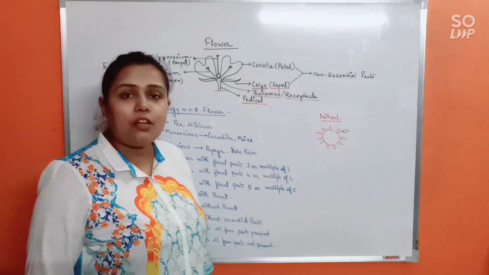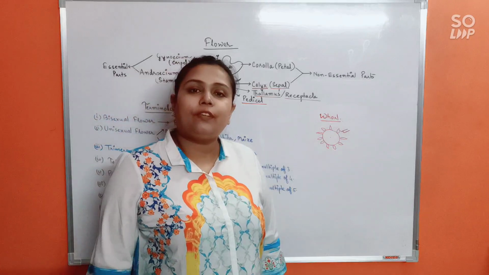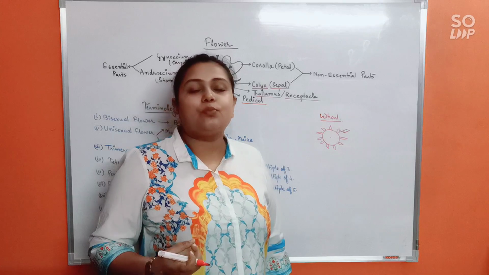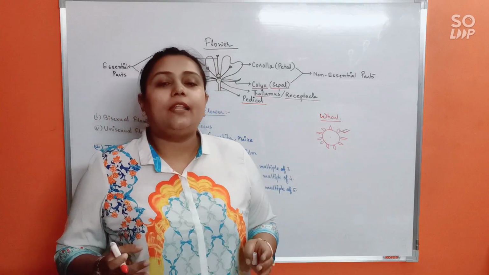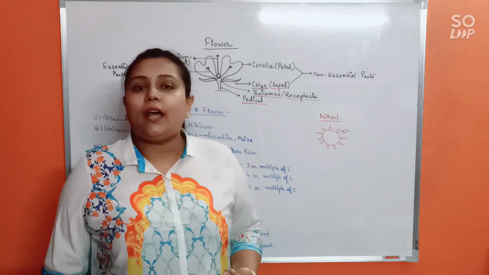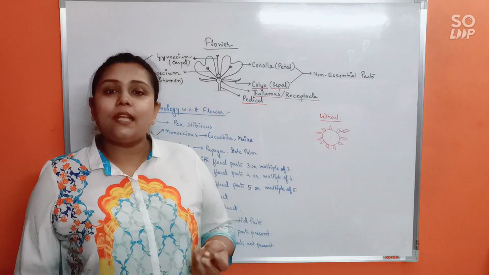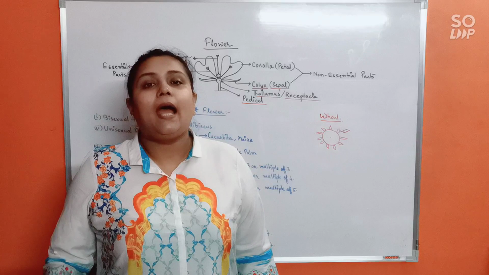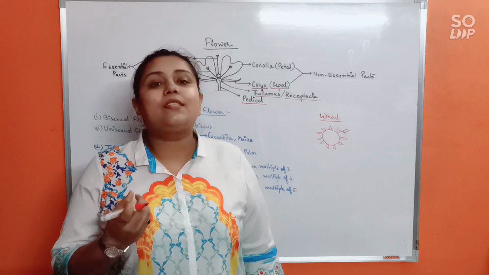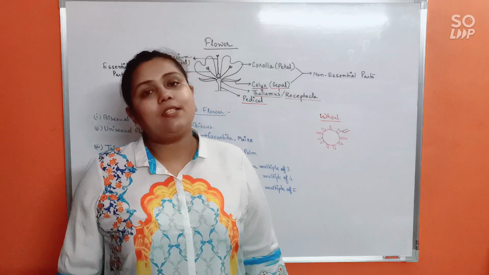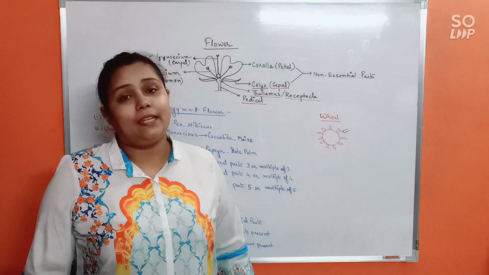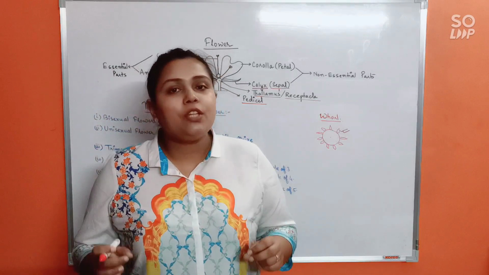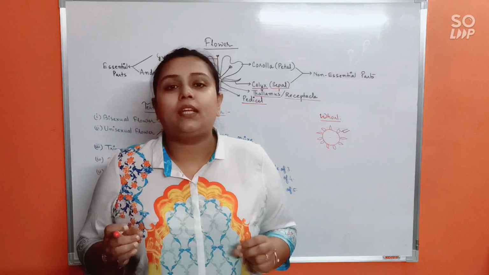Now regarding the function, what is the function of calyx or sepal? The function of calyx or the sepals would be to protect the flower in the bud condition. When the flower has not bloomed yet and it is still developing, at that time the flower has to be protected, and it gets protection from this green colored whorl that is known as the calyx. So the function of calyx becomes clear to you then. It is going to protect the flower in the bud condition.